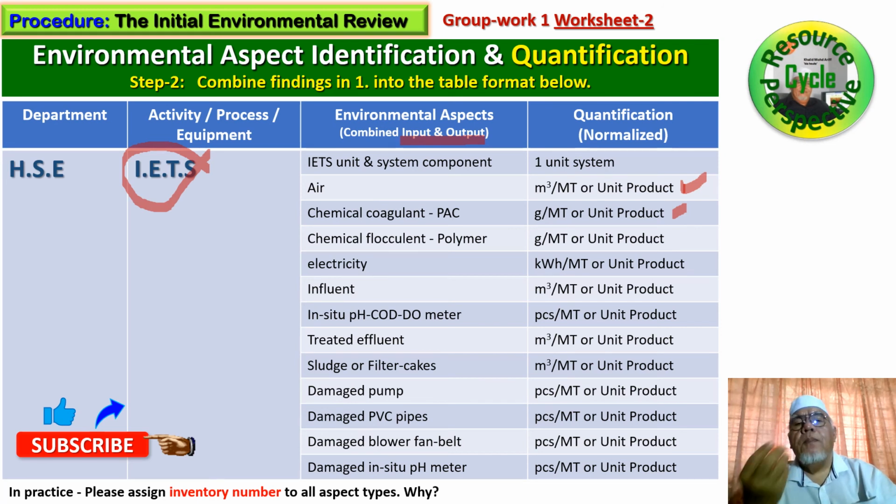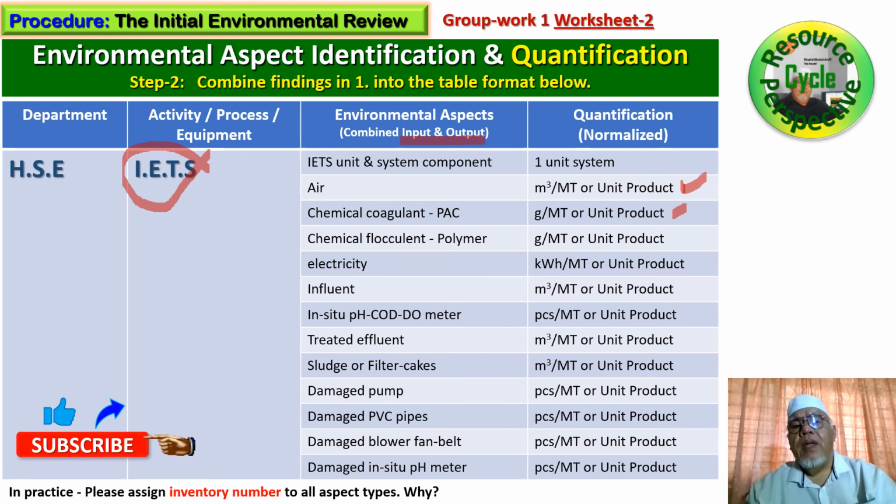You must know the production throughput and how long it takes to produce that tonnage of product, and during that period how much of coagulant is used. Simple maths. How much metric ton is produced in that period and how much PAC is used in that period, and tie it to per metric ton. It's just a simple division process of arithmetics.